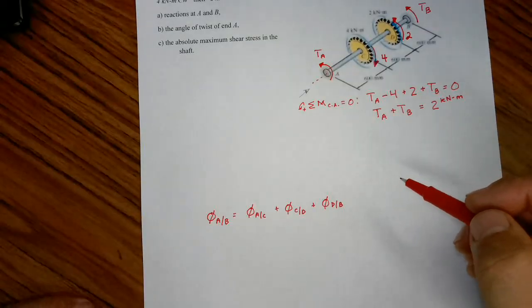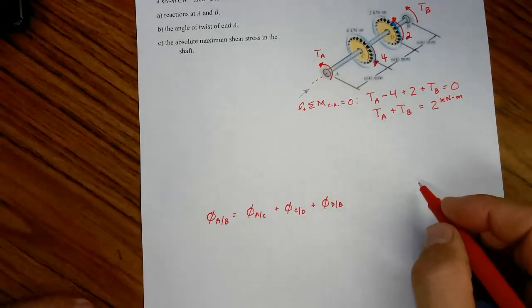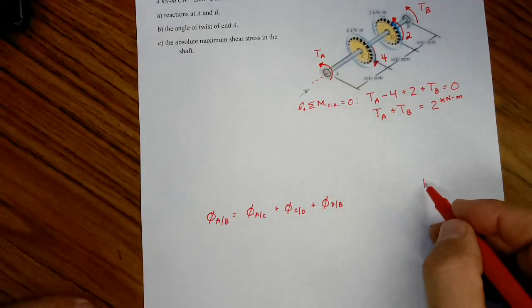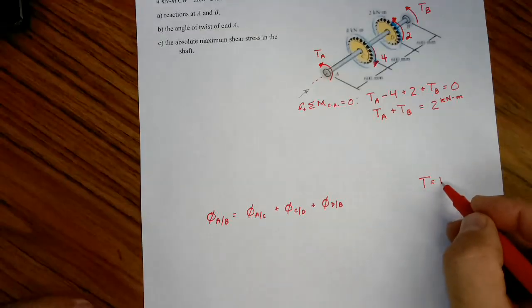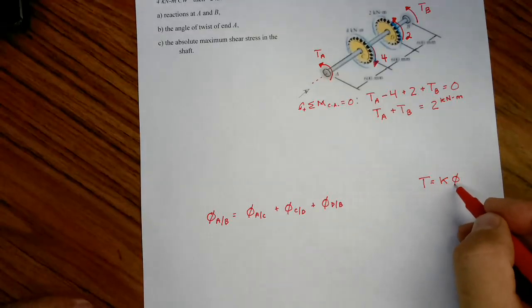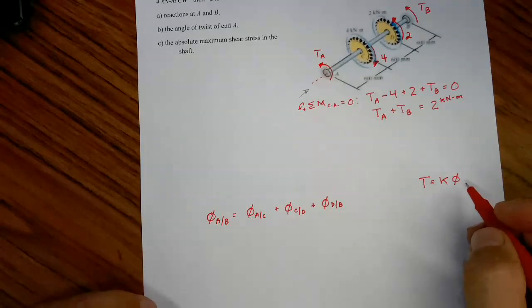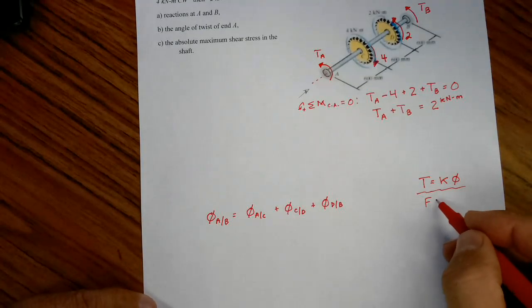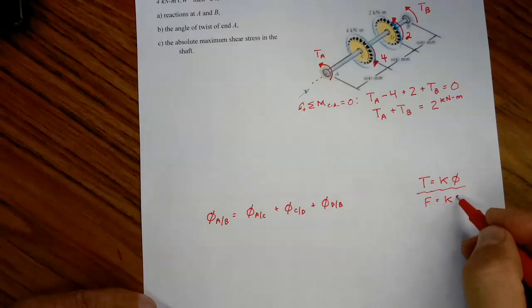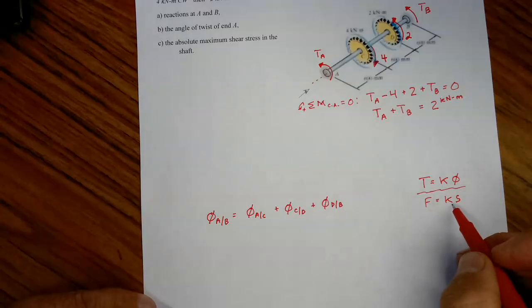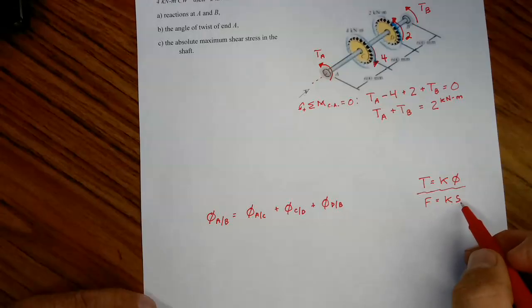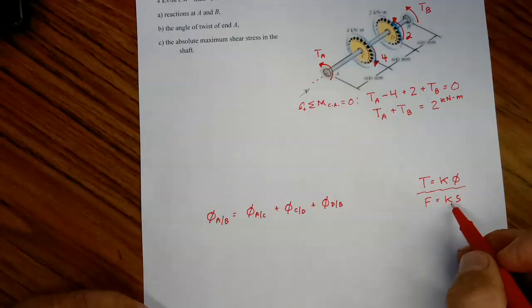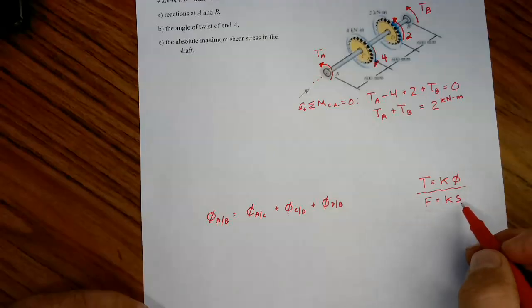In this case here, the key is the torque is equal to K times the angle of twist. This is very similar to spring constant, F equals Ks. The more you deform it, the bigger s becomes. You multiply that times the stiffness, K, the spring stiffness, and the force increases.